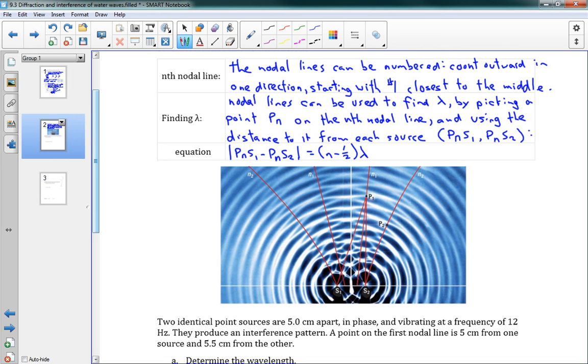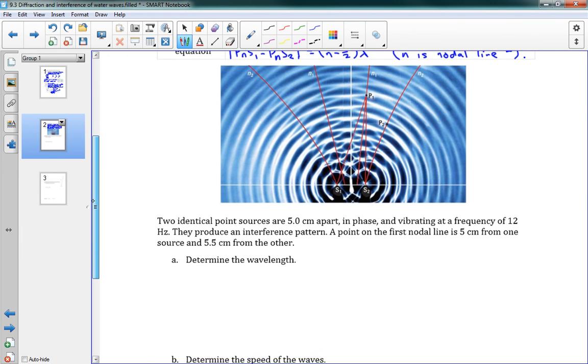So remember, n is the nodal line number. Okay, and so just by doing that, we can figure out what the wavelength is.